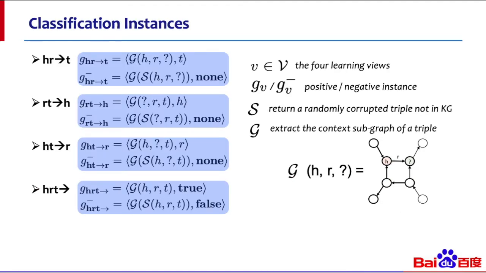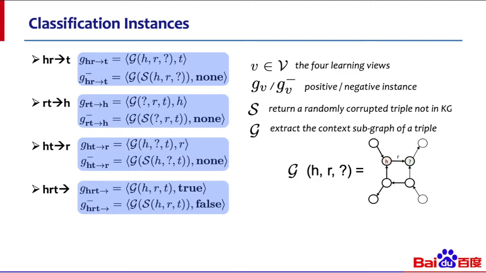Each learning view corresponds to specific classification instances. G+ denotes positive instance generation, and G- denotes negative instance generation. The function f returns a randomly corrupted triple not in the KG, and the corruption operations include replacing head, replacing tail, or replacing relation.